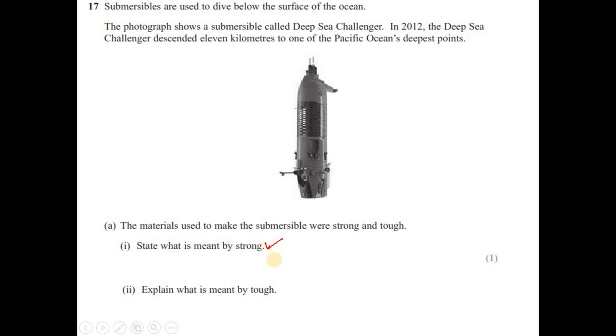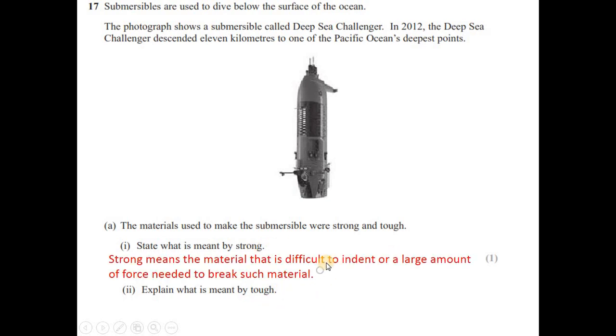And tough means a large amount of energy is absorbed in a material before breaking, and it can be permanently deformed and absorb a lot of energy. So that's how you can define strong and tough.